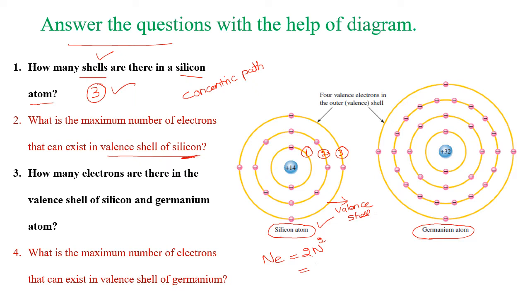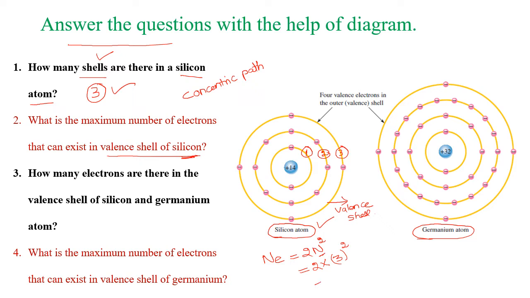So 2 is multiplied by n squared, where n is the shell number. In silicon, the valence shell is 1, 2, 3, the third shell, so we write 3 to the power 2.